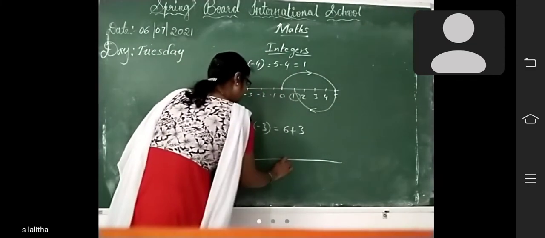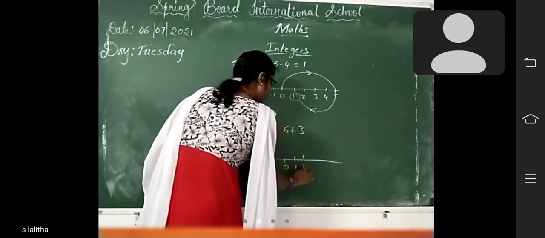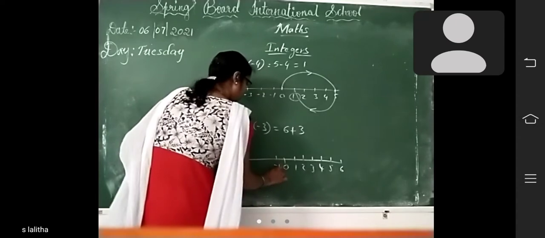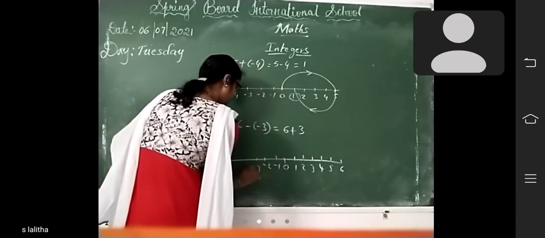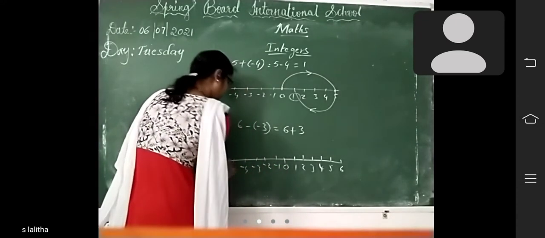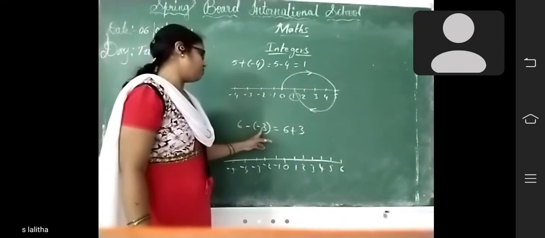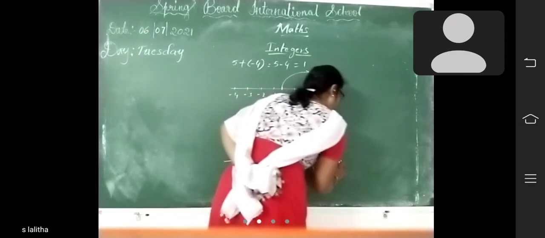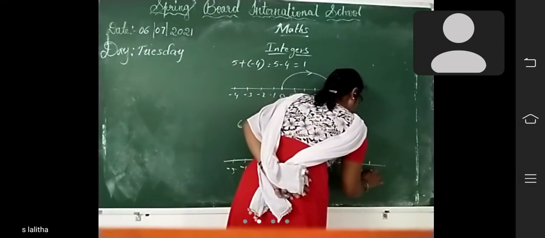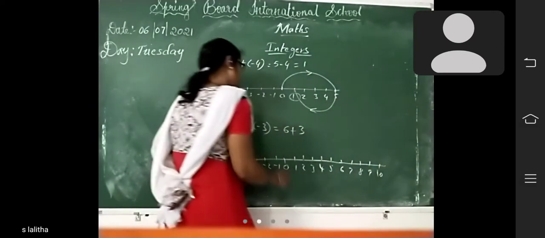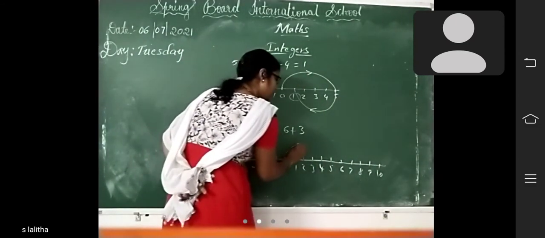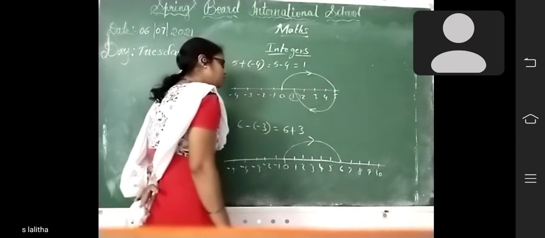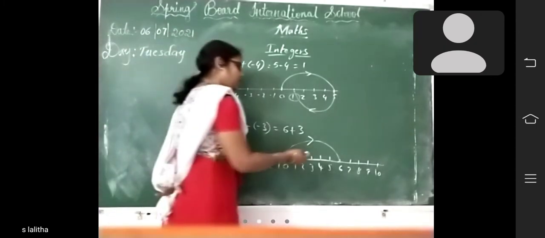Draw the number line, with positive numbers on the right side and negative numbers on the left side of 0. The first number is 6, so 0 to 6. And next plus 3 means you should move to the right side. So it will end here now.